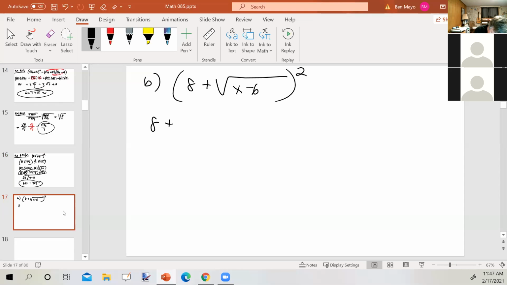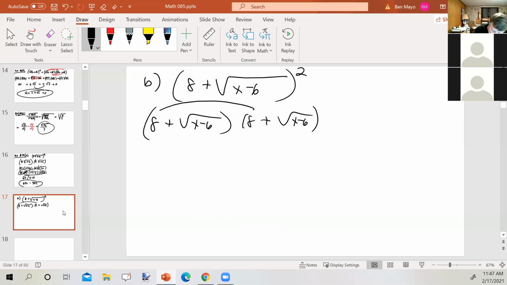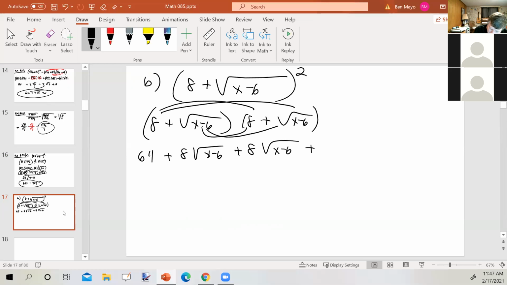So now we've got 8 plus the square root of x minus 6 times 8 plus the square root of x minus 6. 8 times 8 is 64. 8 times that would be 8 square roots of x minus 6. The square root of x minus 6 times 8 would be 8 times the square root of x minus 6. And the square root of x minus 6 times the square root of x minus 6 would be x minus 6.